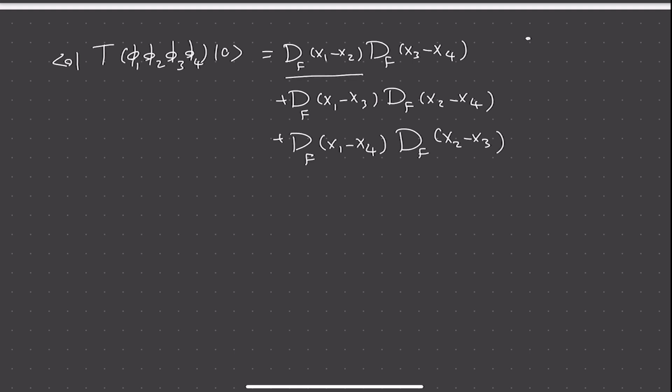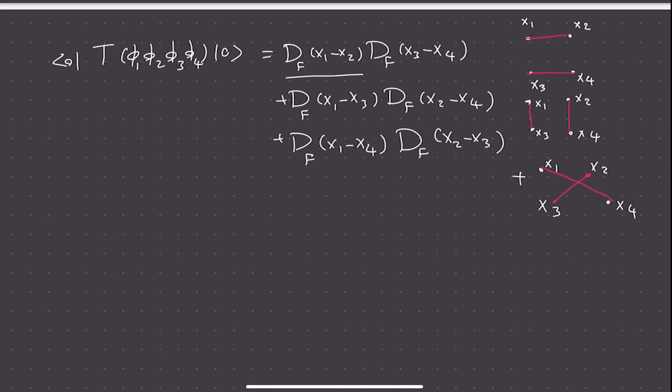Imagine there are 4 points here, x1, x2, x3, and x4. The first term is saying that there is a propagation from x1 to x2 and a propagation from x3 to x4. Now, propagation from x1 to x3, x2 to x4, plus x1 to x4, and x2 and x3. This is how we can distinguish them.